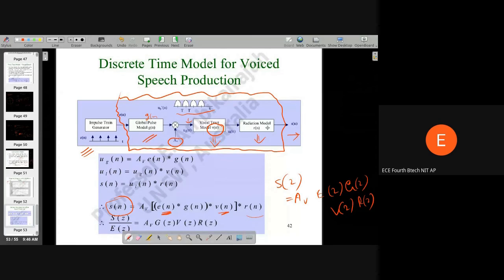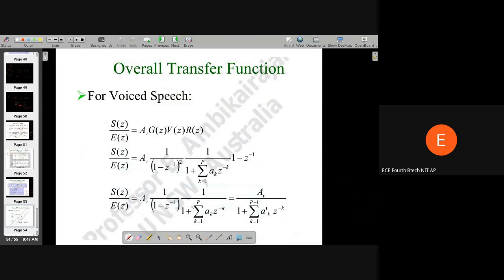We club this together as one system. And if you look at it from that perspective, the transfer function will come out as S(z) by E(z). The transfer function of the entire voice production system will come out to be S(z) by E(z), or A_V G(z) V(z) R(z). So this is what the transfer function is looking like.